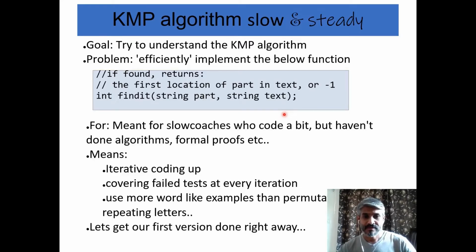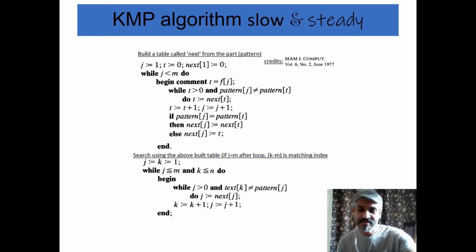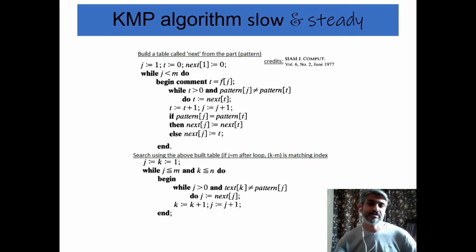So let's get our first version done right away. It's a simple problem, right? After all, we just have to see if the first string is part of another string or not. But before we do our first implementation of the find it function, I'm just showing you here the standard KMP algorithm published by the geniuses way back in 1977, and this is all of the algorithm, just this.